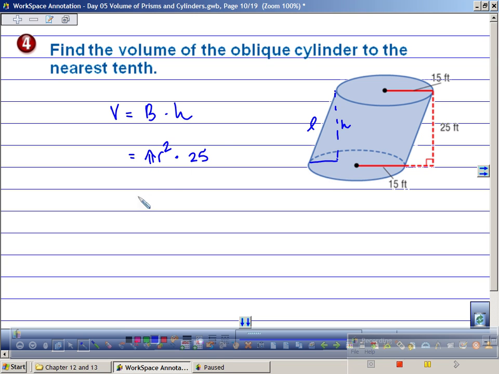Okay, so what is my radius? 15. So my answer is 17,671.5 feet cubed, and we're done.